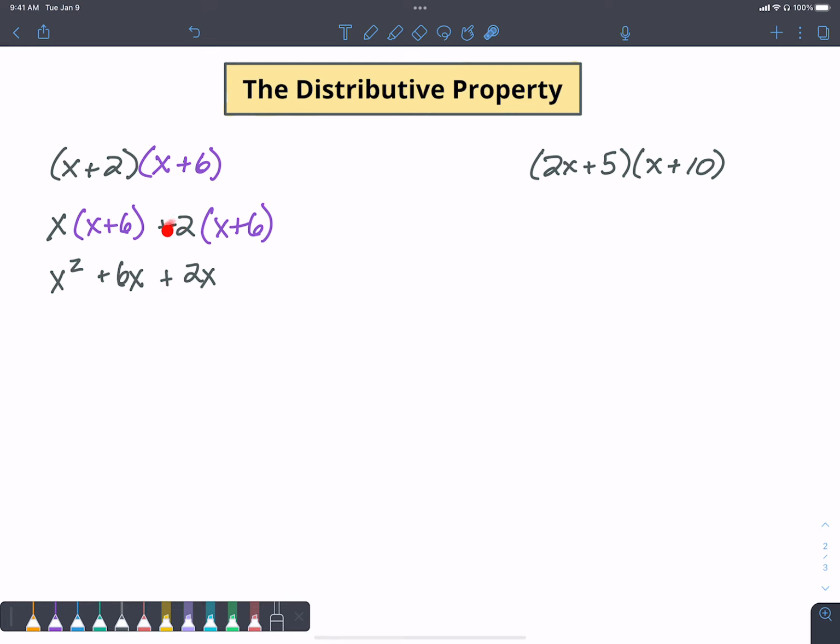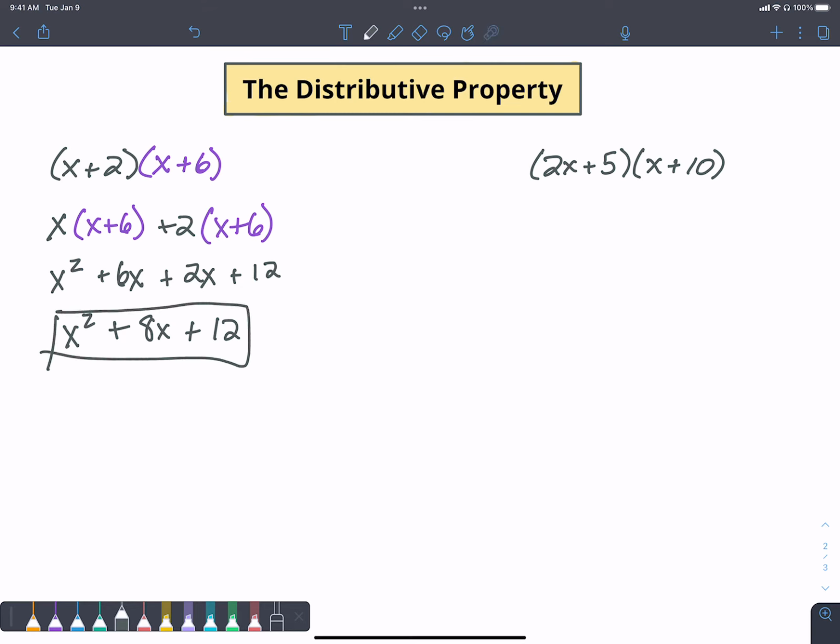And then I'm going to have positive 2 times positive 6, which is 12. Now I'm going to combine any like terms. And I'm left with x squared plus 8x plus 12. And there is our product of these two binomials.